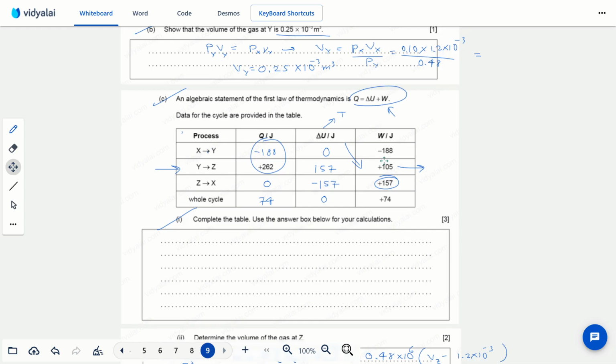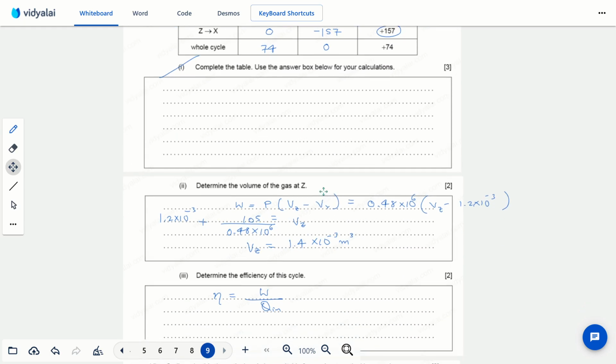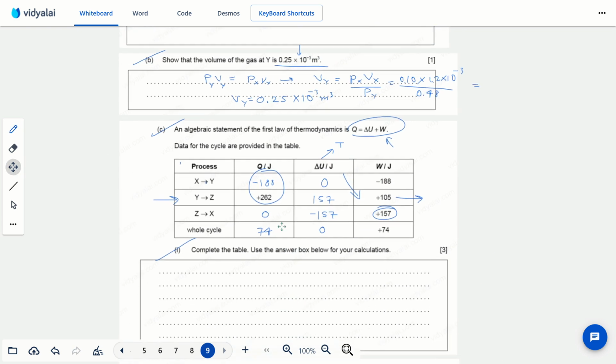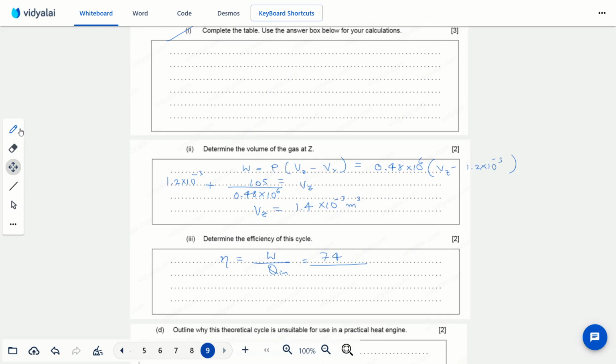So the work done throughout this cycle is 74 joules, and the total heat that's supplied to the system in this cycle is during this isothermal process. I'm going to substitute that into this equation.